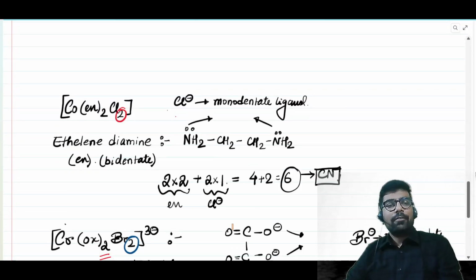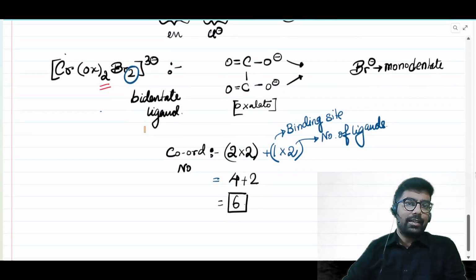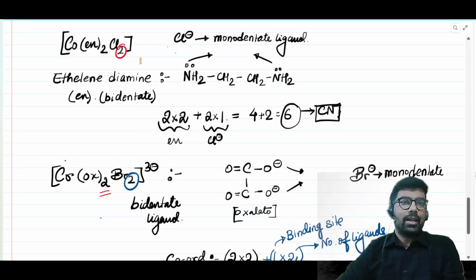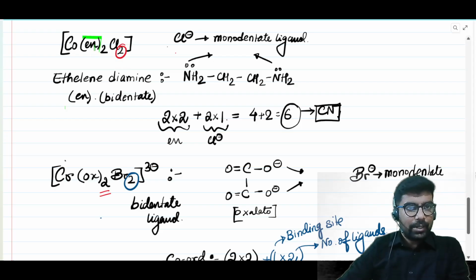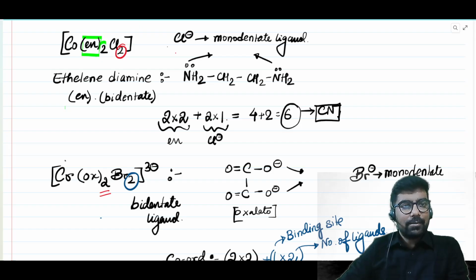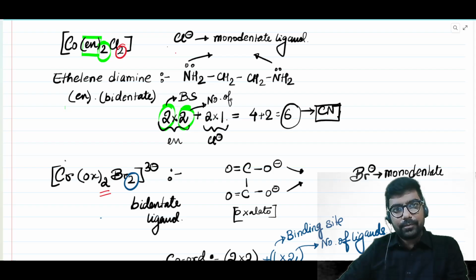Simple as that. If by chance there is a bidentate ligand present, like over here we have ethylene diamine, which is a bidentate ligand. How many bidentate ligands are present? 2. So we do 2 into 2: the first 2 is for binding sites, and the next 2 is for the number of ligands.